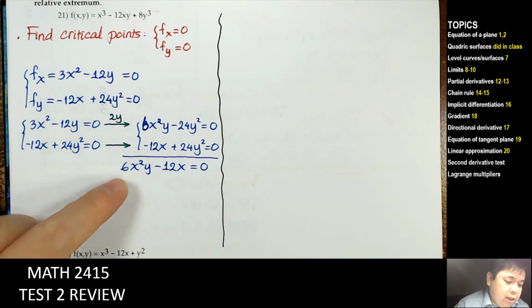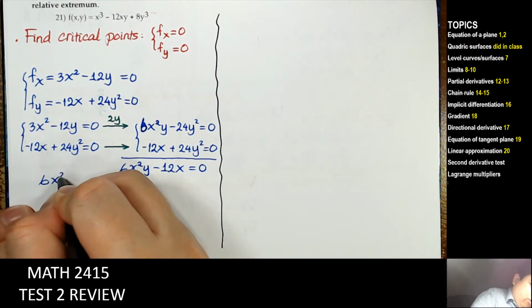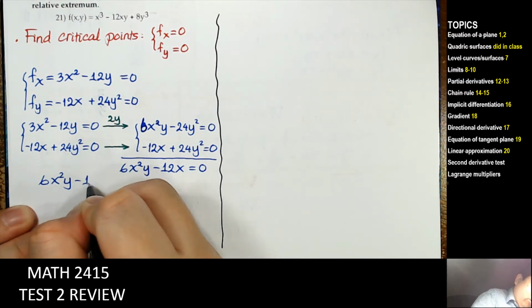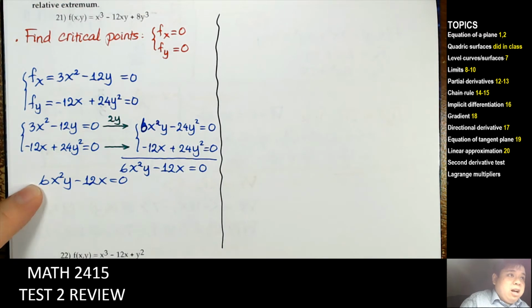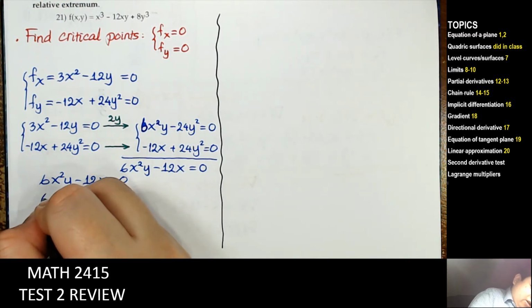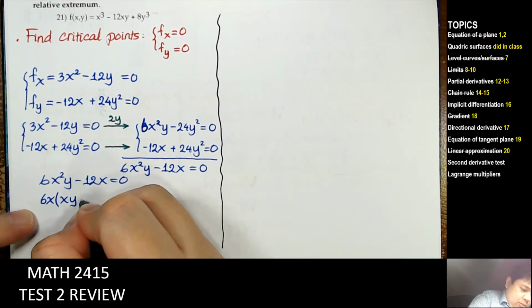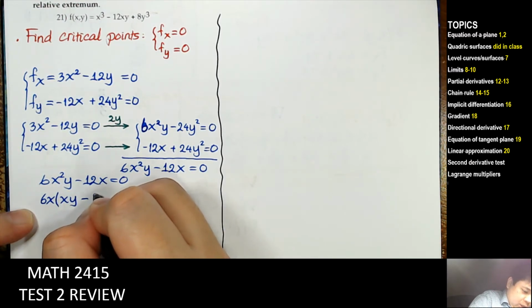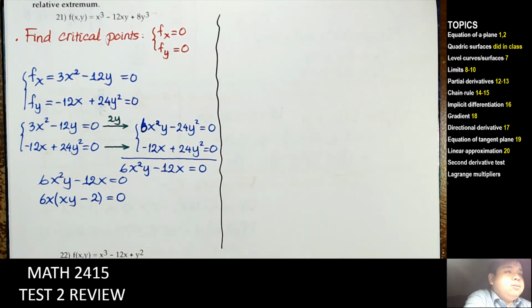Now, let's write this: 6x squared y minus 12x is equal to 0. We can factor out the 6x. Notice we can only factor, we cannot divide. That gives us 6x times (xy minus 2).